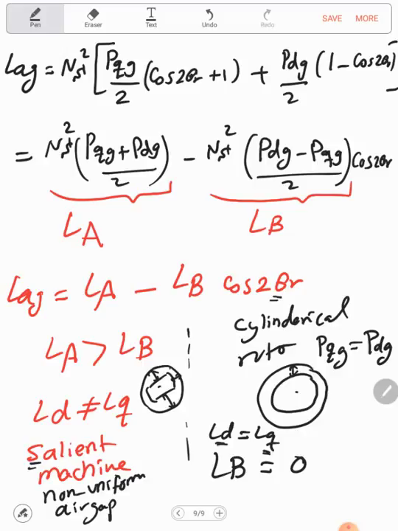Now let's calculate, for example, the LAB, but before that, this is the self-inductance for the phase A. In the same fashion, the self-inductance for the phase B and the C we can calculate.